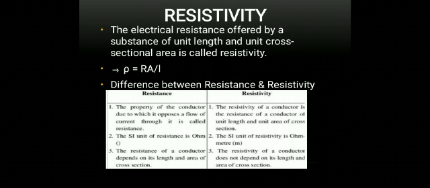The basic difference is, resistance is the property of the conductor which opposes the flow of current, whereas resistivity is the resistance of a conductor of unit length having unit area. The SI unit of resistance is ohm, whereas the SI unit of resistivity is ohm meter.